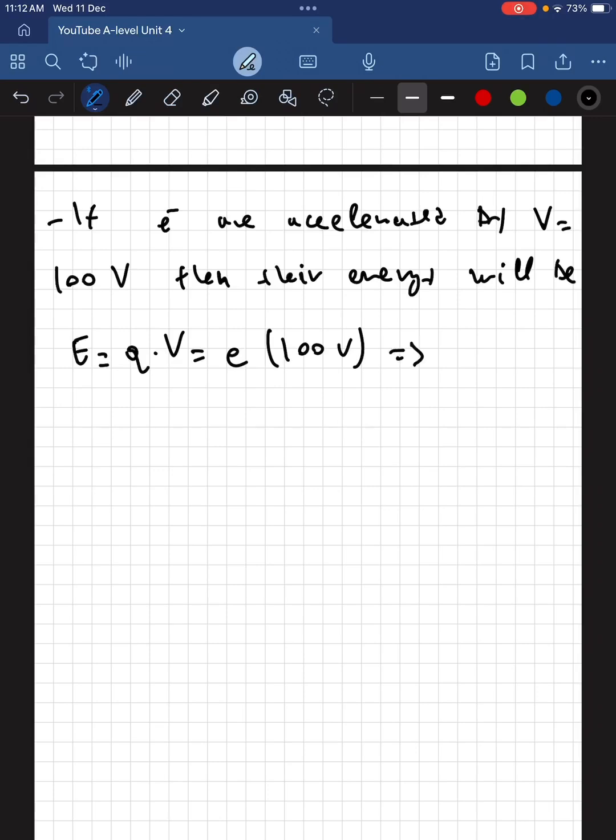Our voltage is 100 volts, so the electrons will have an energy of 100 electron volts, okay?